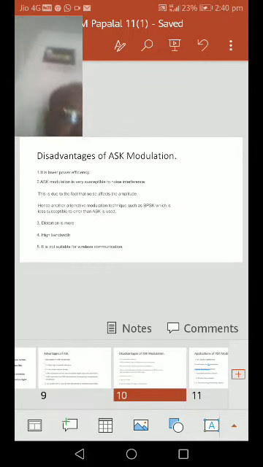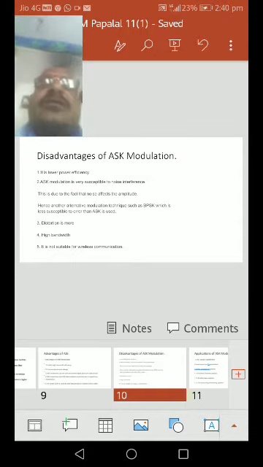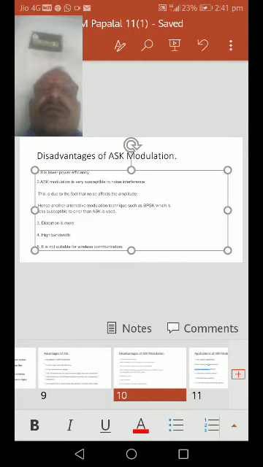Disadvantages of ASK modulation: it has low power efficiency. The ASK modulator is very susceptible to noise interference, due to the fact that noise affects the amplitude.